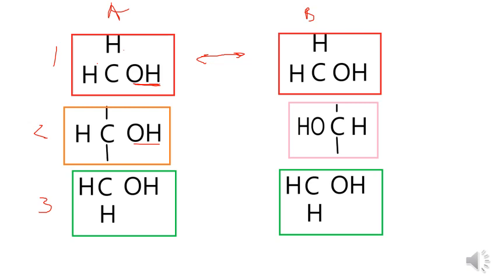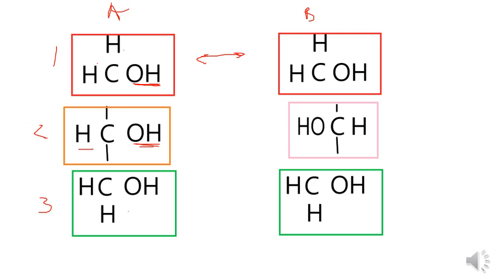So for this structure down here, it doesn't matter if I move the OH to the right or left. Now up here, it has group 1 attached, group 2 attached, and it has H and OH.